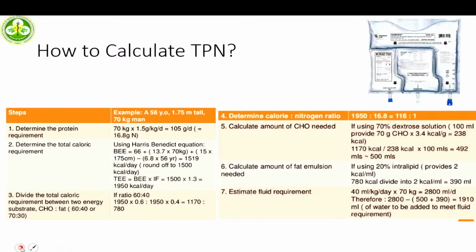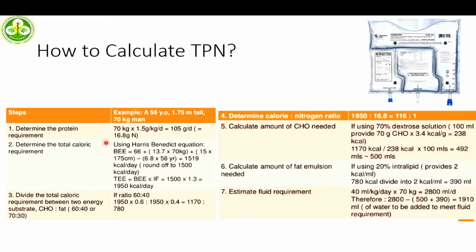Very specifically, if we are not able to meet the challenges, if there's no gut motility, the patient's in shock, and the patient's on multiple vasopressor support, there will be no acquisition of nutrients from the gut. So in this case, one will have to give partial parenteral or total parenteral nutrition.